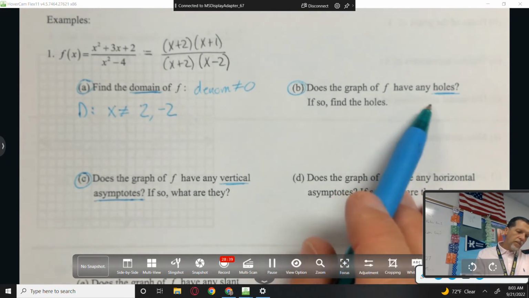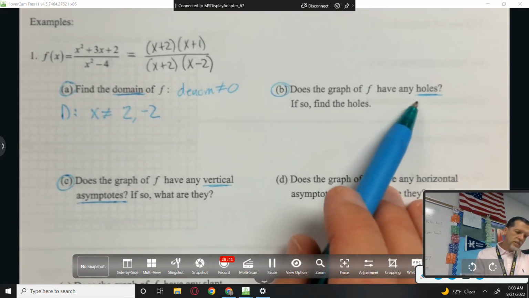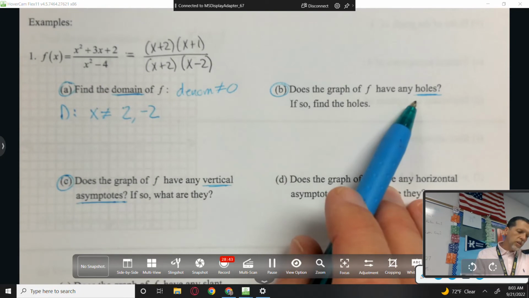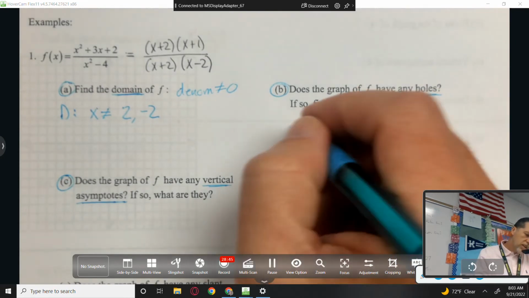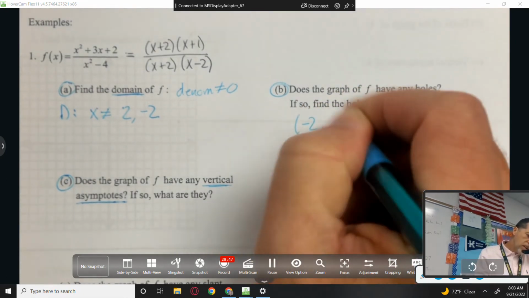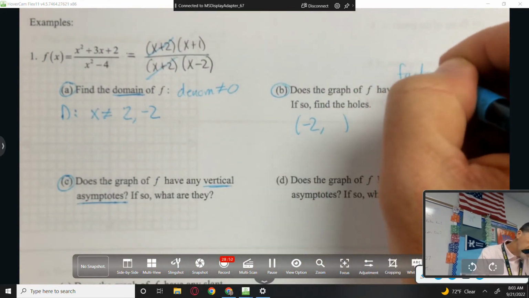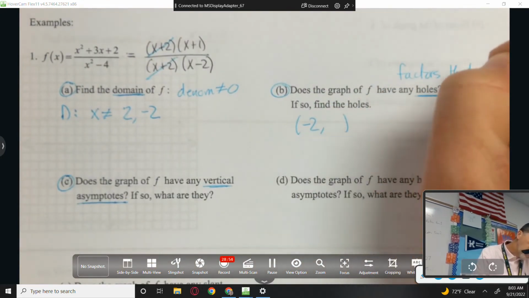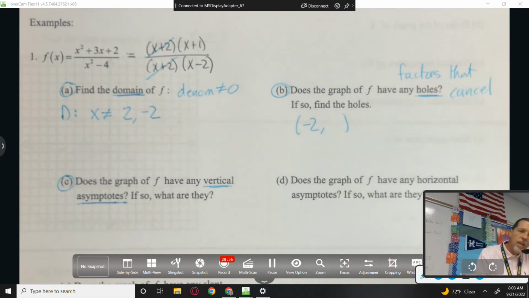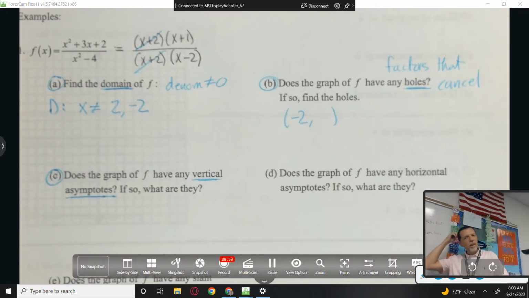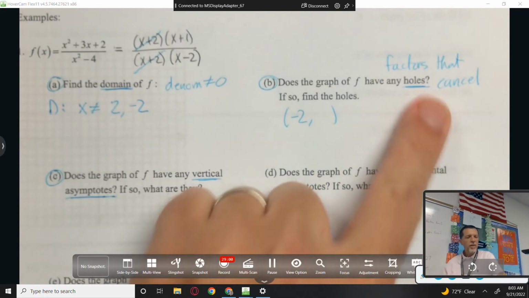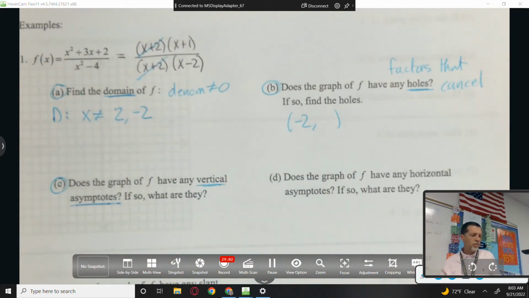Does the graph of f have any holes? Yeah. And where is the hole? Because holes are factors that cancel. Again, we know that already, but I'm going to abbreviate the notes on this one as we go through it.